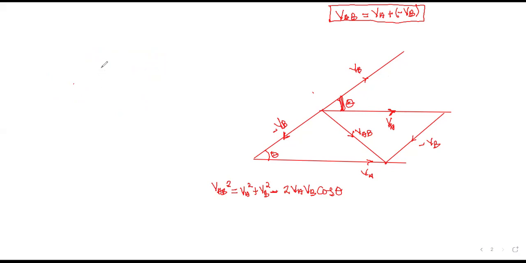The cyclist was moving due east, and then the wind was blowing from the southwest. So V of wind, V of cyclist. And we were asked to find the velocity of the, please, what was the question?